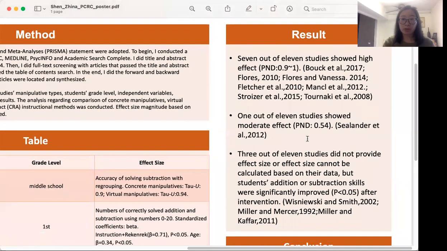Also, 3 out of 11 studies did not provide effect size, or the effect size could not be calculated based on their data. However, students' addition and subtraction skills were significantly improved after intervention, even though they didn't provide the effect size.